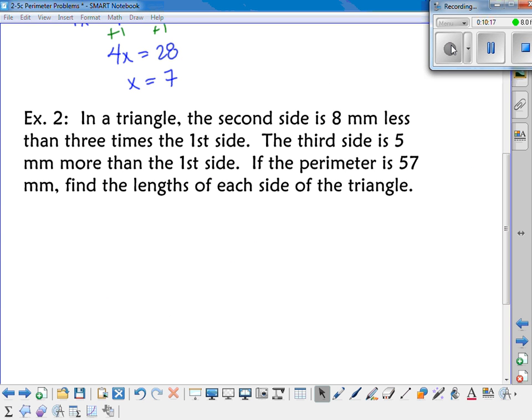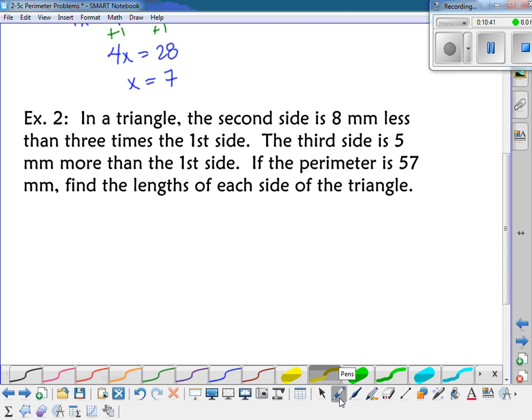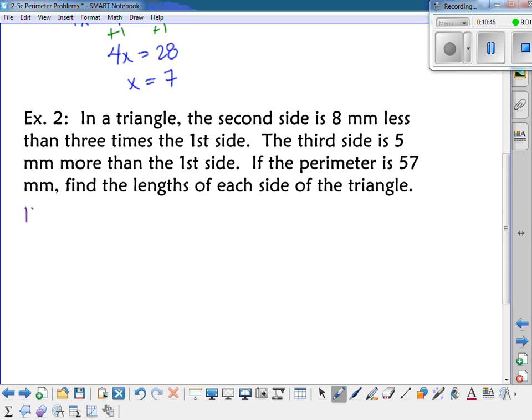Okay, so another example. In a triangle, the second side is 8 millimeters less than 3 times the first side. The third side is 5 millimeters more than the first side. If the perimeter is 57 millimeters, find the lengths of each side of the triangle. So go ahead and get that written down. Okay, so again, we want to list our sides, 1, 2, and 3.